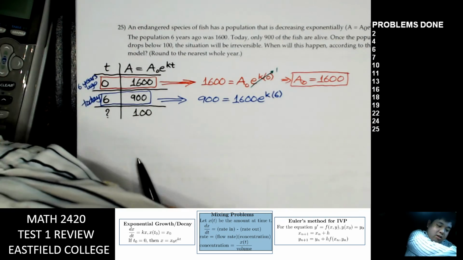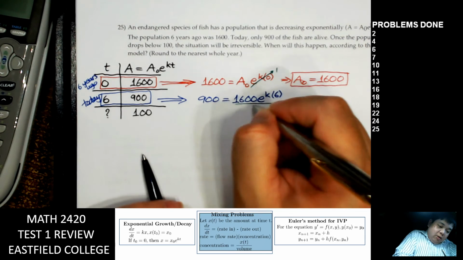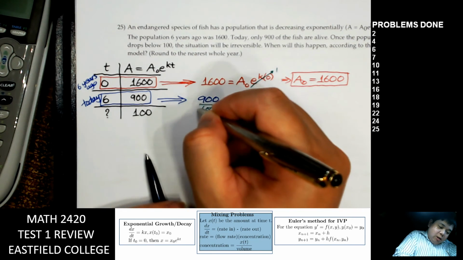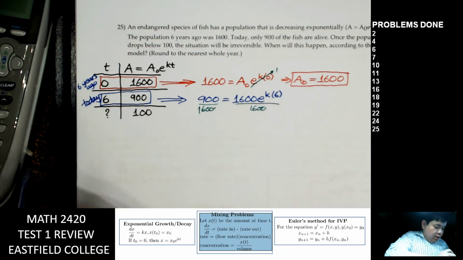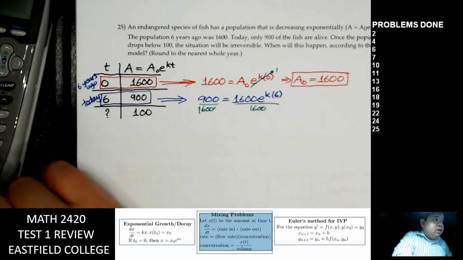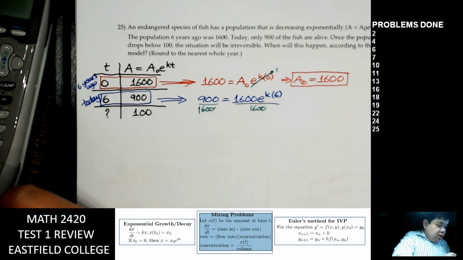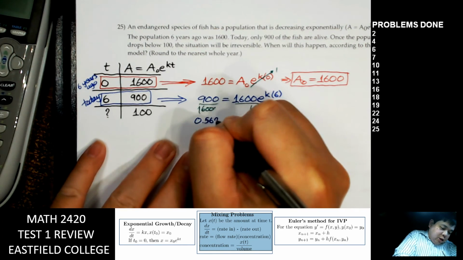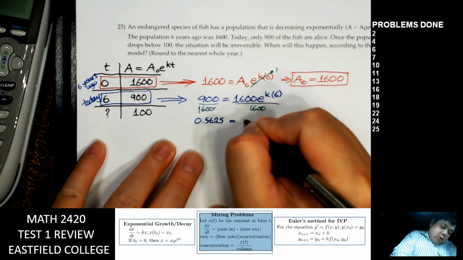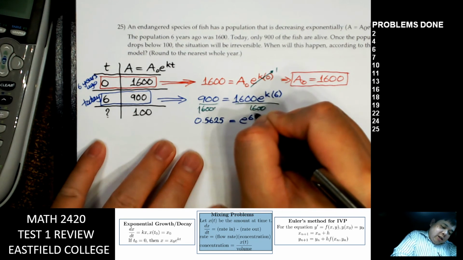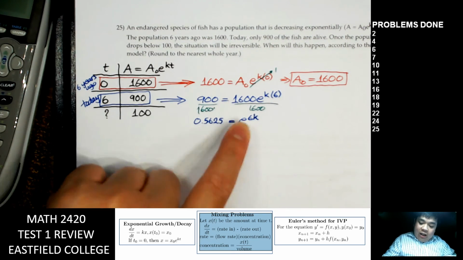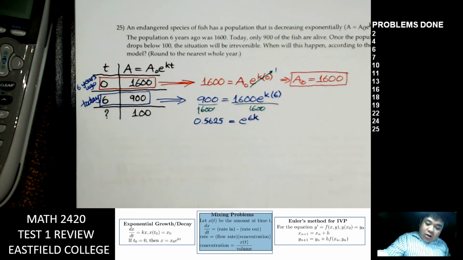Let's divide by 1600 on both sides. We have 0.5625 equal to e to the 6k. And to get rid of the e, we can take the ln on both sides.